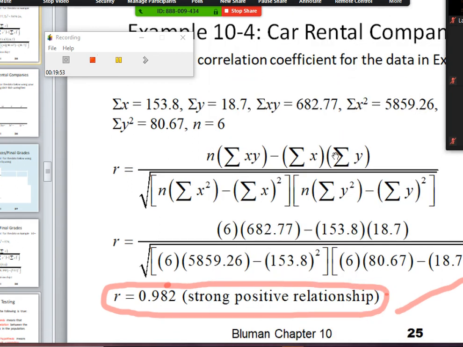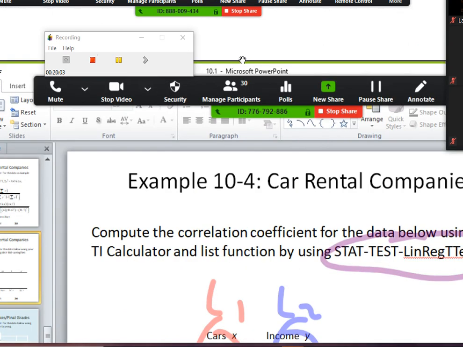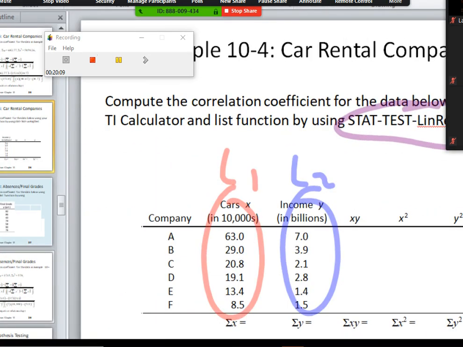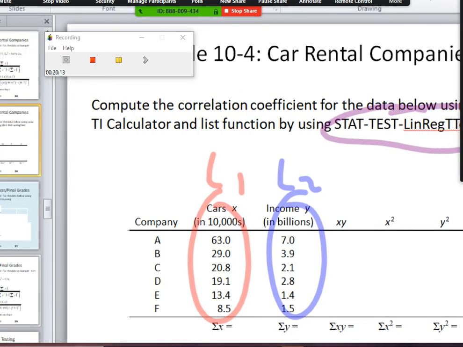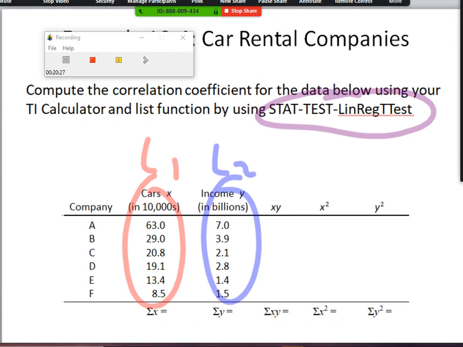Now, after all that, you don't have to do it anymore, because your nice, new, cool, fancy calculators now do this thing called stat test lin-reg t-test, where all you have to do is put this in list 1 and that into list 2, which you have, right?